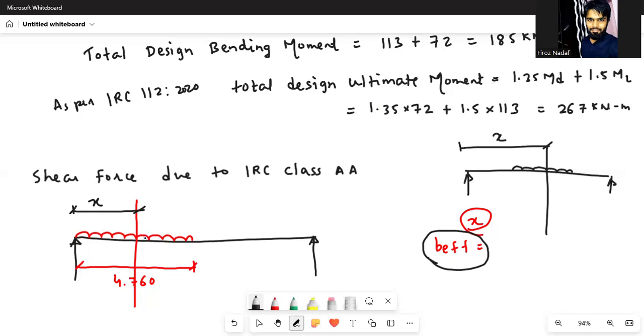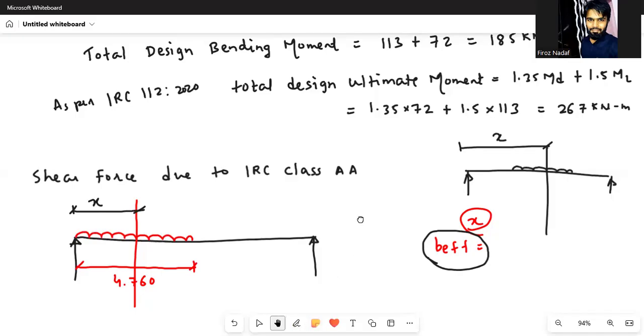In the shear force case, X is 4.760 divided by 2.